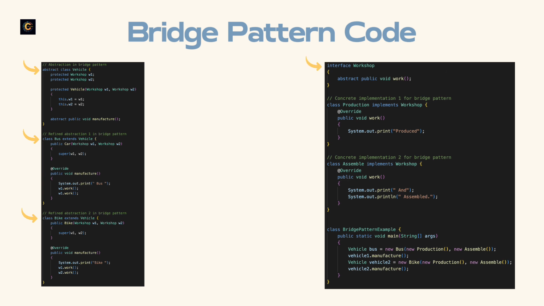Now classes production and assemble implement the workshop interface. Ultimately, we have a client class, bridge pattern example, where bus and bike both are manufactured using the bridge pattern. I would suggest you pause this video and analyze this piece of code to get a better understanding of this pattern.